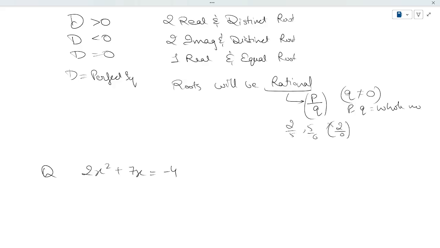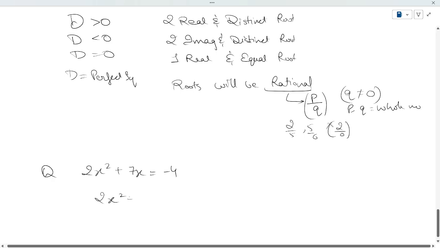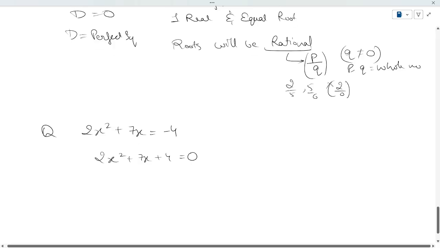If there is a number on the right hand side, the quadratic formula wouldn't work. Everything must be on the left hand side and equal to 0. Okay. So the first step is to compare the coefficients, and we get A is 2, B is 7, and C is 4.